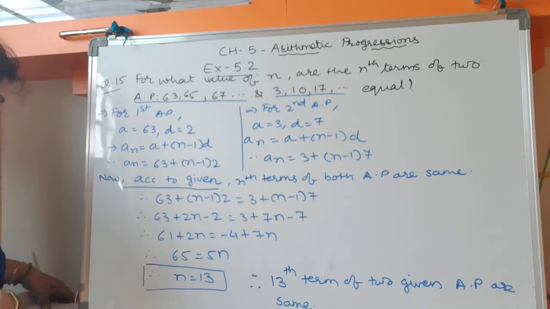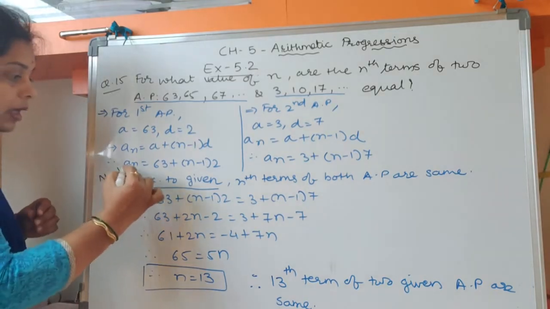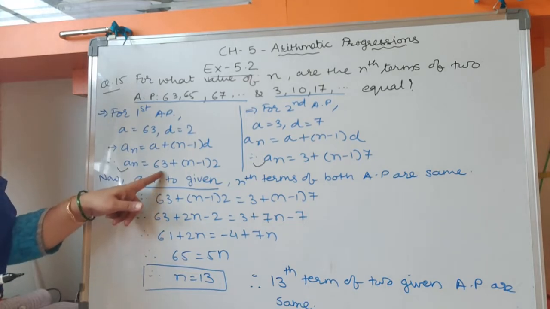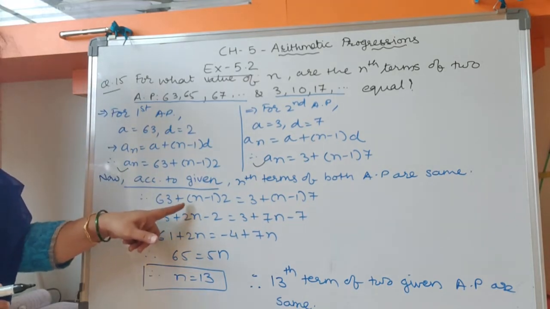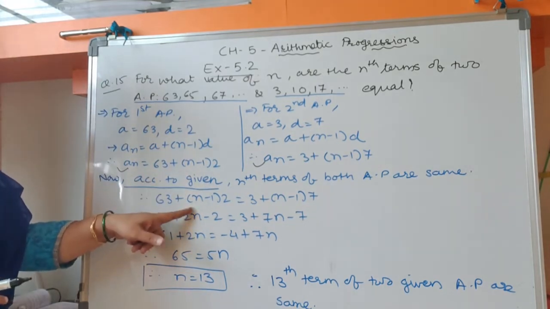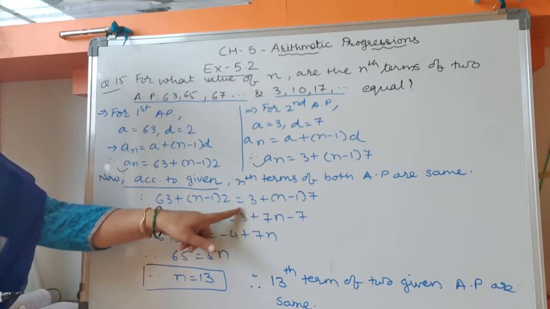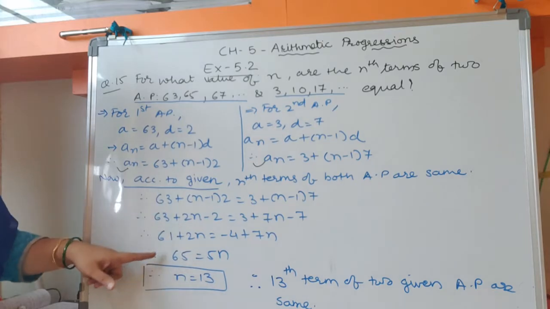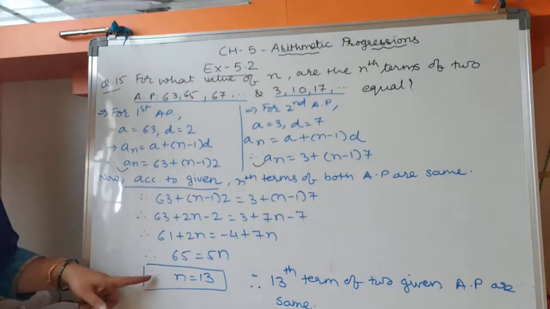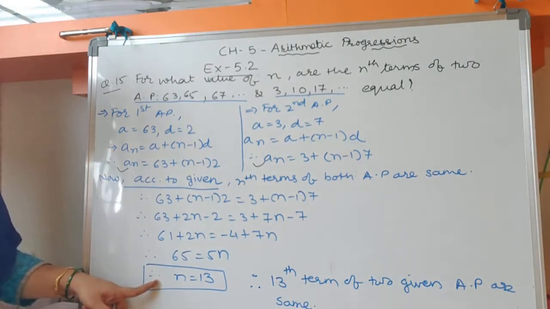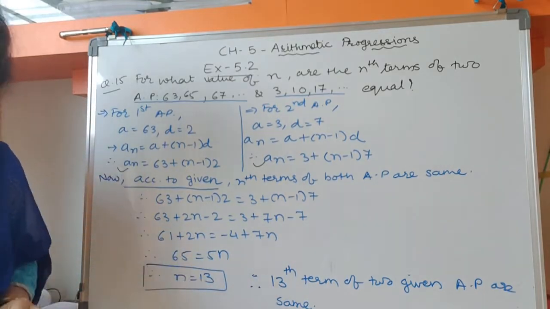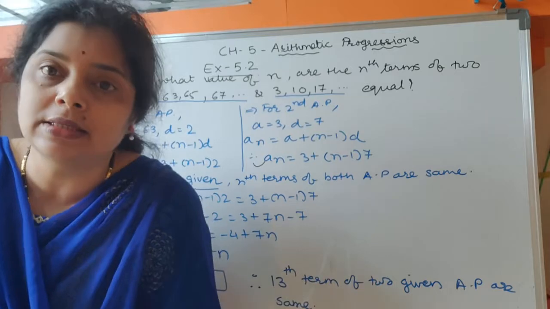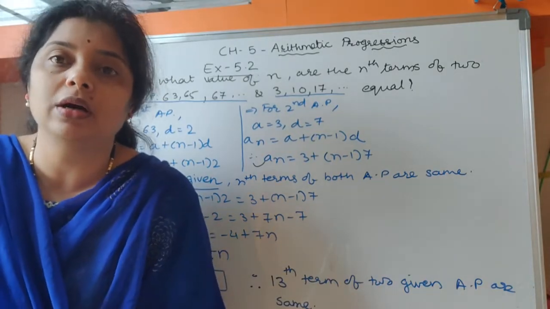It means this an and this an are the same, and therefore we compare both: 63 plus (n minus 1) times 2 is equal to 3 plus (n minus 1) times 7. After simplification we got n is equal to 13. It means the 13th term is the same for both APs.